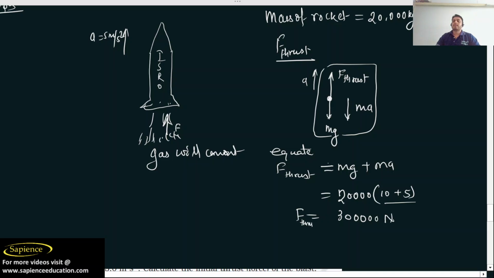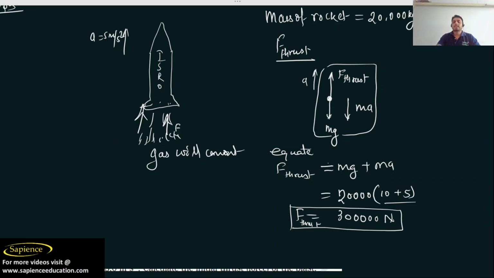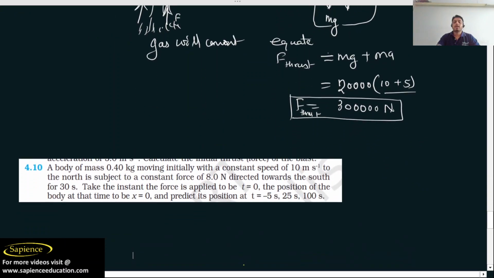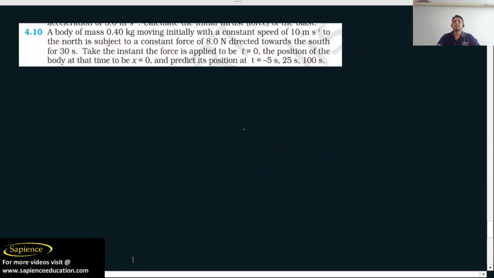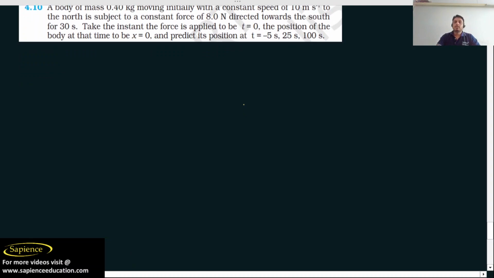This is the thrust force applied on the rocket so that it escapes and goes with an acceleration of 5 meter per second square. I hope you all have understood. Now I will discuss question number 4.8.